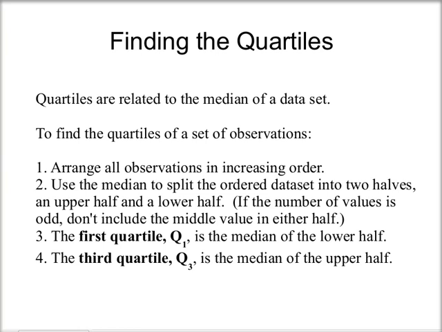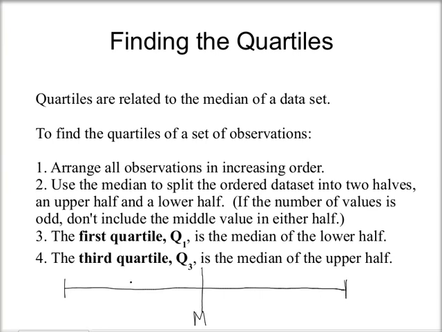So to give you a better idea of what we're doing here, I'm just going to draw a little picture at the bottom. If I have all of my observations listed in increasing order, then the median is the middle observation. That splits the data set into 2 halves, a lower half and an upper half.